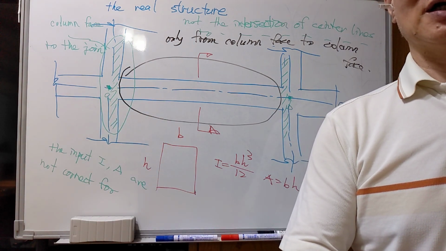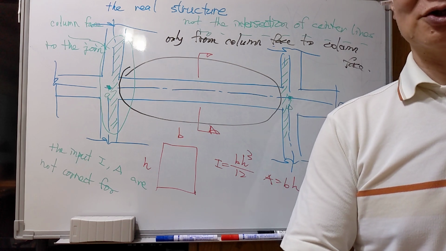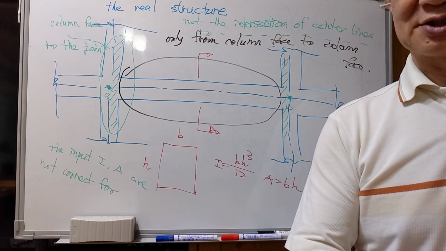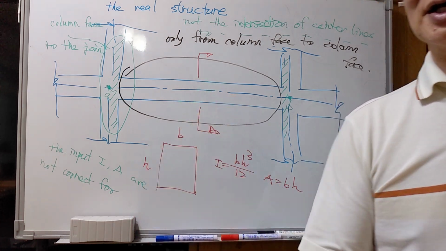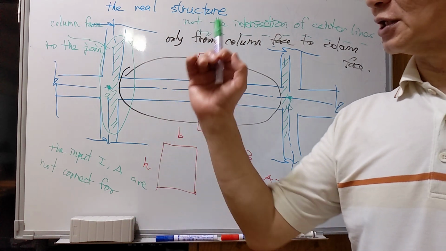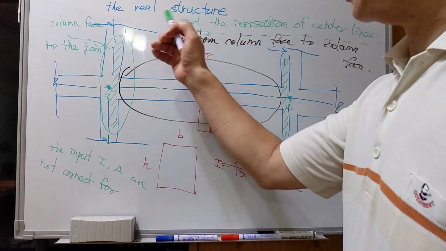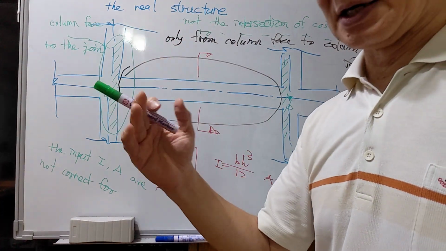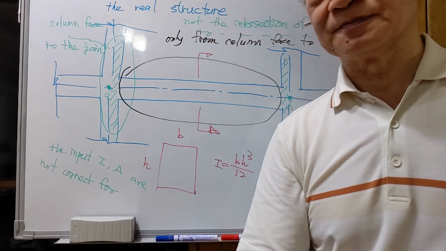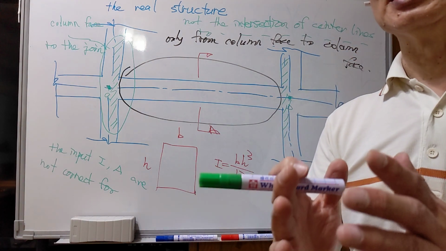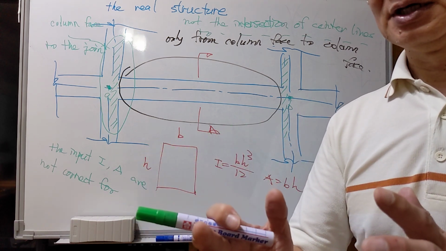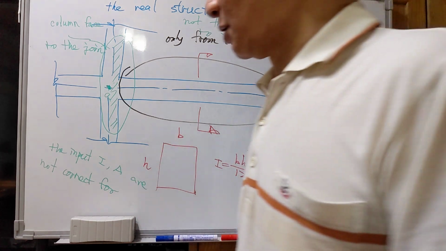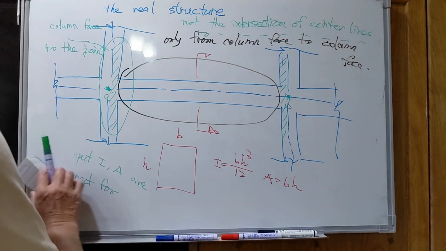So no matter the moment of inertia or the sectional area, they are totally different from the input data. If we consider the real size of the structural elements, we will find that the input data cannot be applied for all the sections.